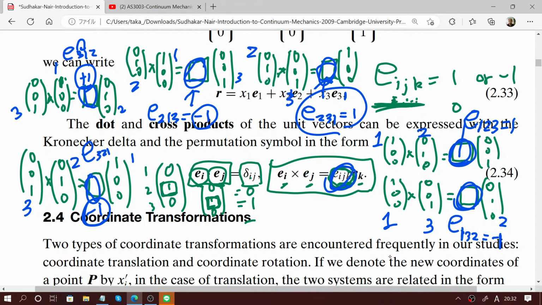Do I have everything? So I have this one, 3, 4, 5, 6. All possible combinations. Yeah. 3. I think I gave all possible combinations.